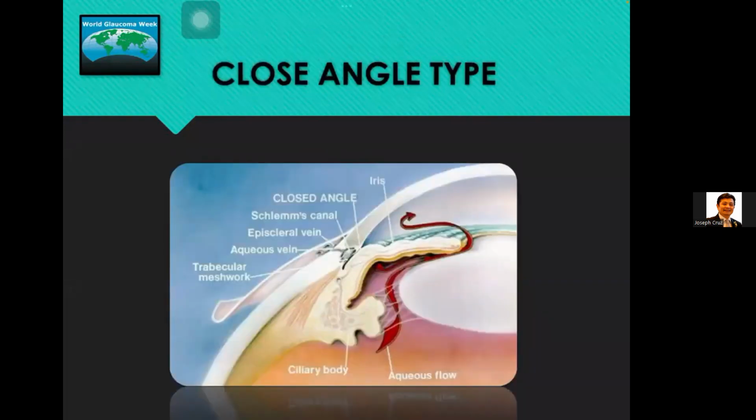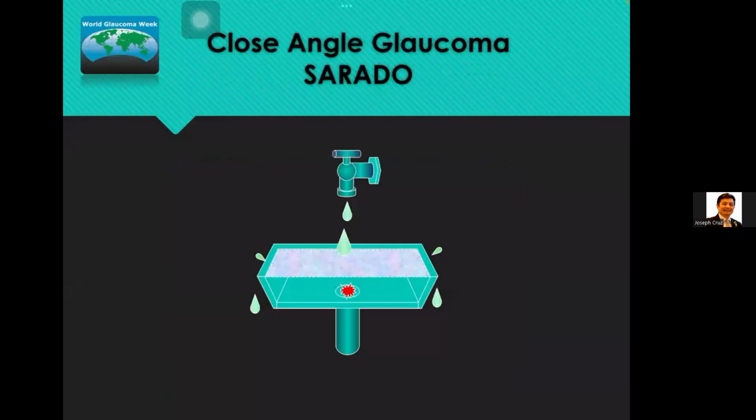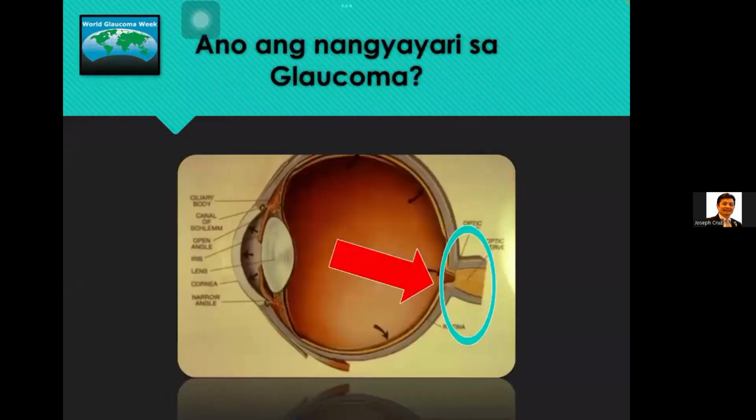So, yung closed type ng glaucoma, talaga pong ganito po ang itsura po niya. Yan, hindi na po nakakalabas po siya. Saradong-sarado na po siya. So, tulad na nabanggit ko sa inyo, na dedeforma po yung ugat ng mata. Nakikita niyo po rito, para na po siyang umuuka, no? Lumalalim na po, naiiba na po yung forma, at nagda-damage na po siya.